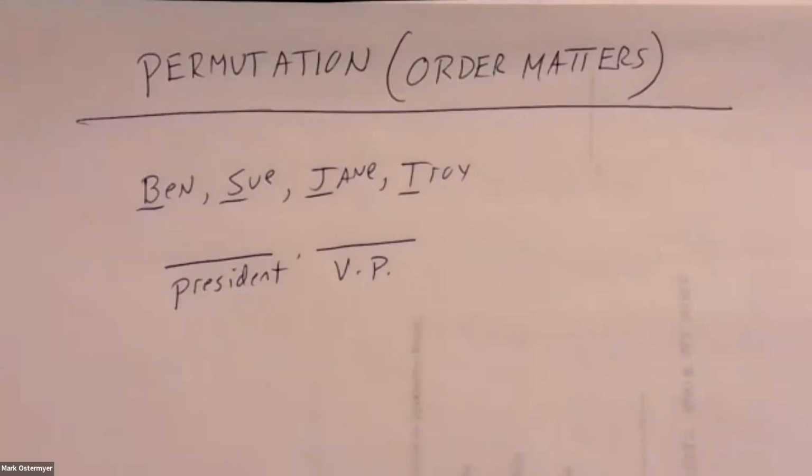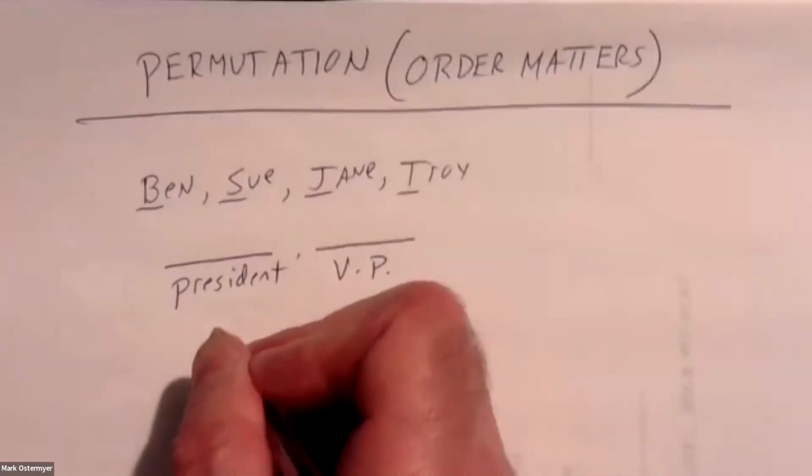Do you think order matters now? Well, it certainly does. It may mean a huge difference in your paycheck as to who's president and who's vice president. So order does make a big difference now. It matters. And therefore, what are the number of possible ways of forming this political committee of size 2, if I have 4 candidates to select from?